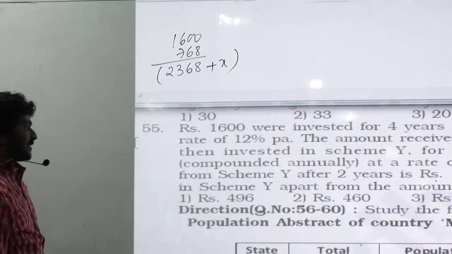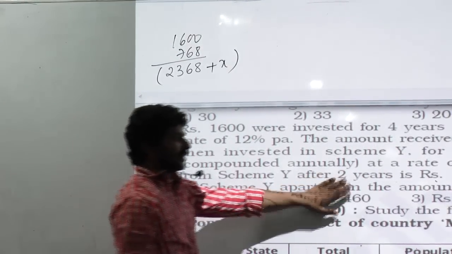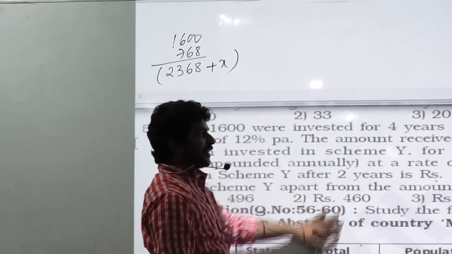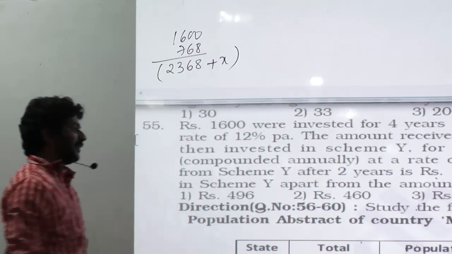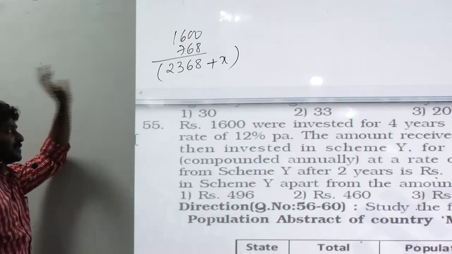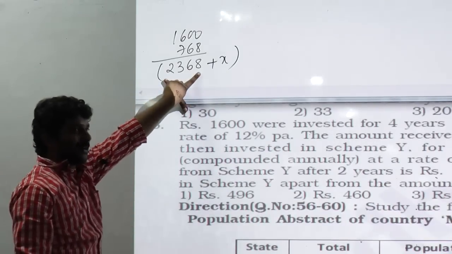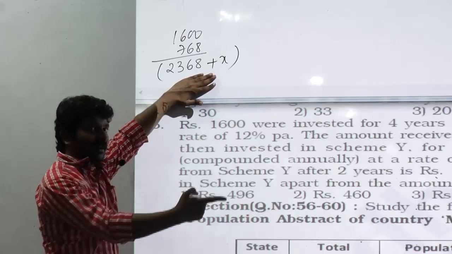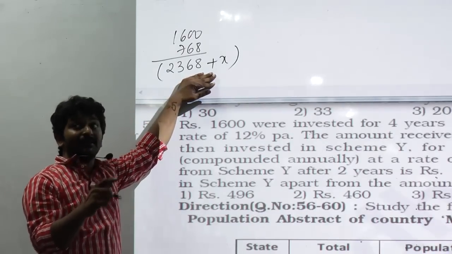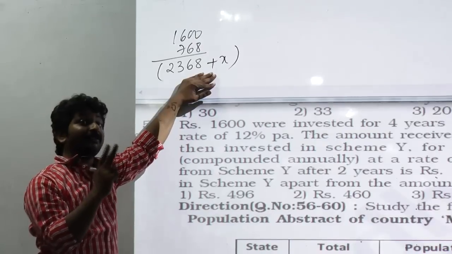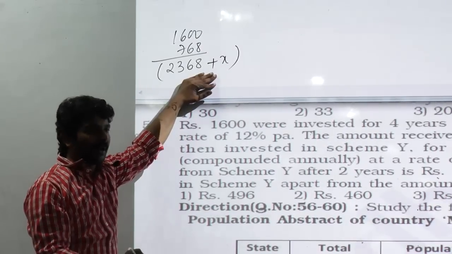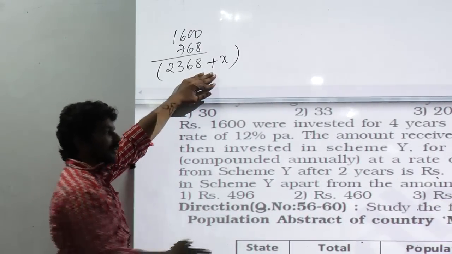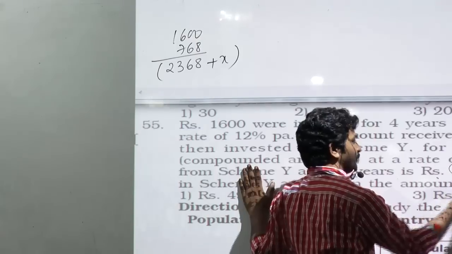If the compound interest received from Scheme Y after 2 years is 1232, what is the additional money invested in Scheme Y apart from the amount received from Scheme X? This is the amount received from Scheme X, and to this number you are adding something, and this is invested in Scheme Y for 2 years at the rate of 20% per annum compounded annually, right? And you are given the interest. The interest is 1232.